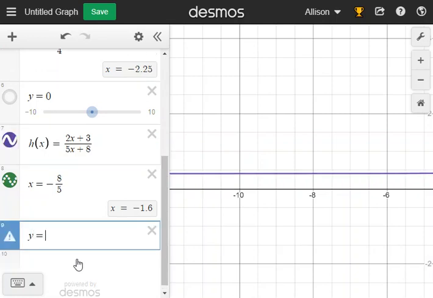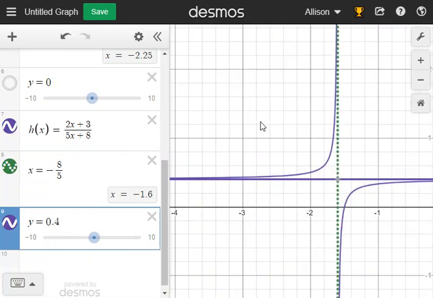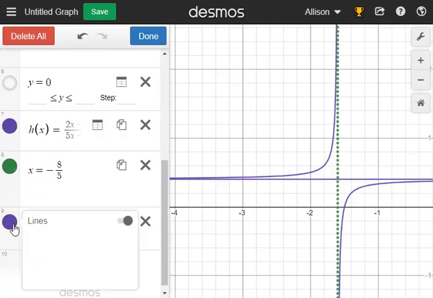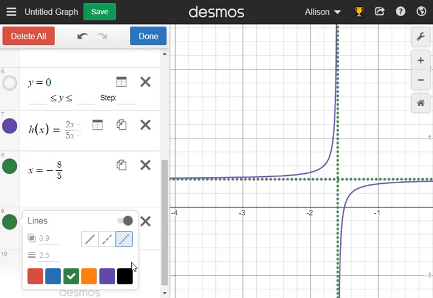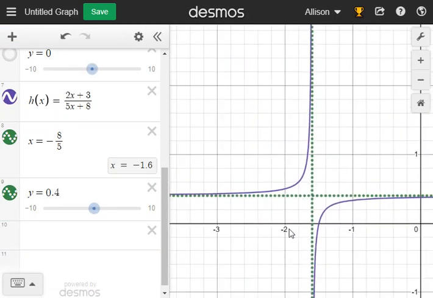So visually, I can get a sense for guessing that it's 0.4. Let me color code it real quick, and then we can talk about analytically verifying that. Looks like 0.4 is going to be right there in the middle for the horizontal asymptote.